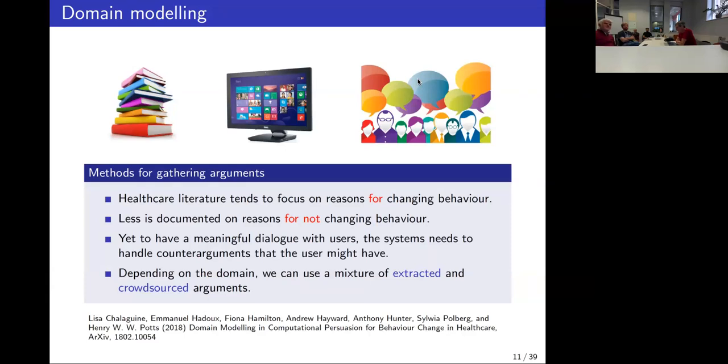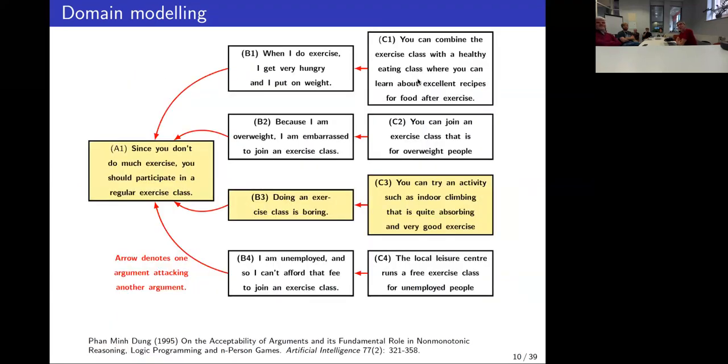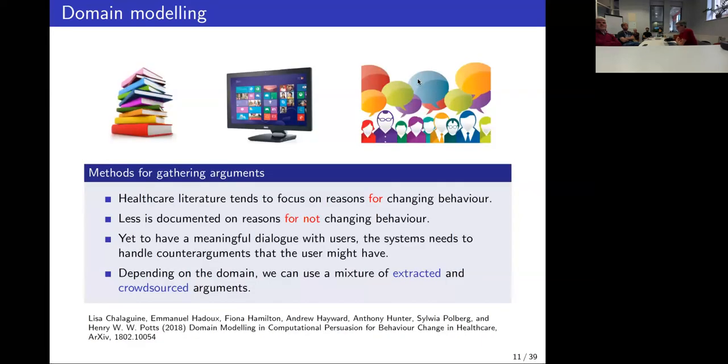But interestingly, there's much less on reasons for not changing behavior. So here, if we want this graph, we can get A1 and C1 to C4 quite easily, but there's much less literature on B1 to B4. We need this to be able to have meaningful dialogues and think strategically.